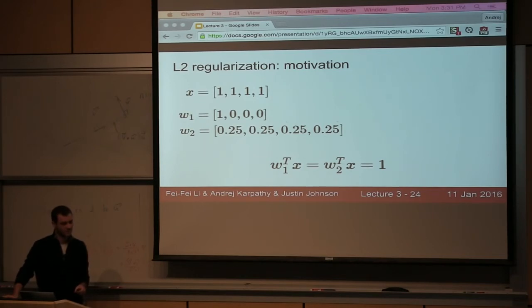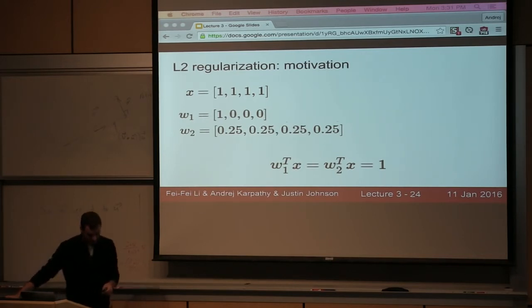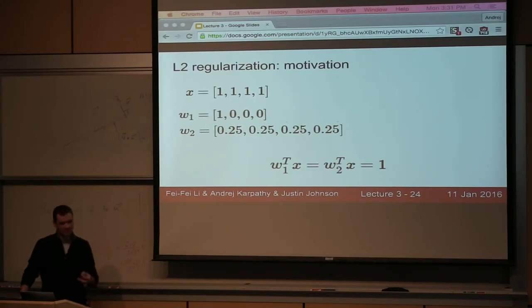So why would W2 be better? Isn't that a feature, not a bug, that we're ignoring some inputs? Yeah. So I was saying that you could just have 0.001, 0, 0, 0 as another W vector that would do exactly the same thing as W1 in terms of its decisions, but it would have a smaller regularization. I see. Okay. Thanks.